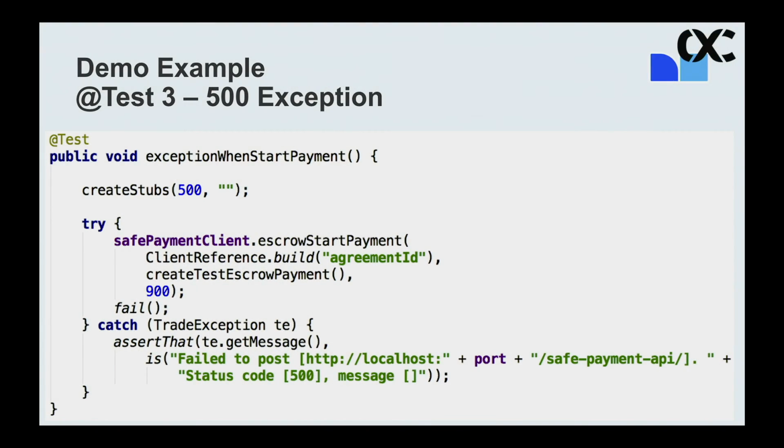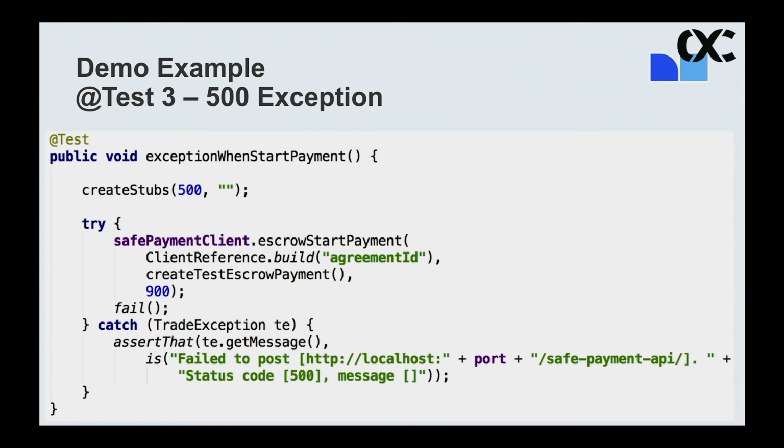So this one is the last one that gives an exception. So here I create the stubs again, and they should return 500 and empty. And here I can check that when I start it, it will fail and it will throw an exception.